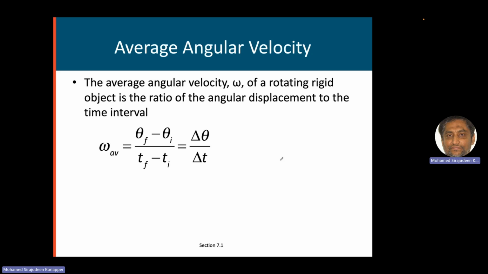If you remember our definition of velocity, the average velocity is delta x displacement divided by time. We do exactly the same thing. The average angular velocity will be displacement divided by time, but not the delta x, not the ordinary linear displacement, but angular displacement. Done.